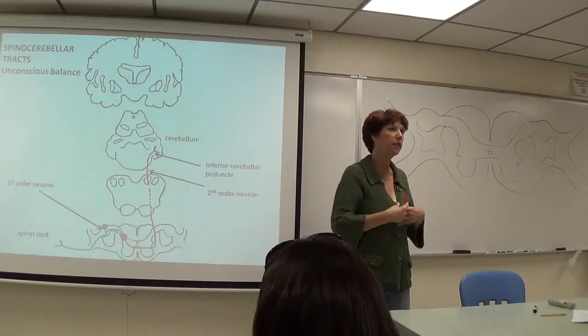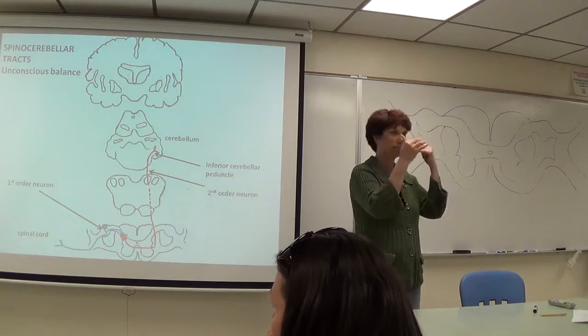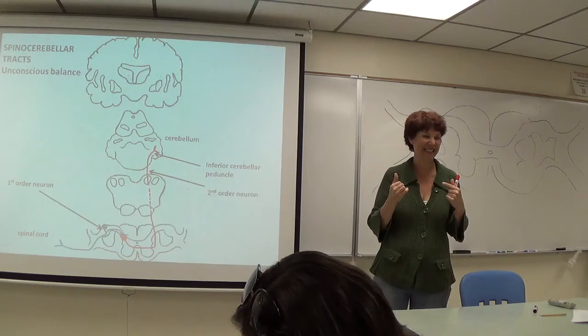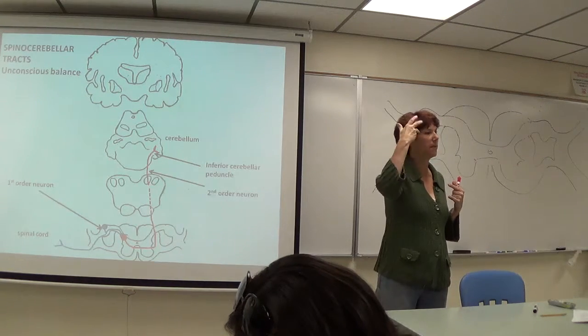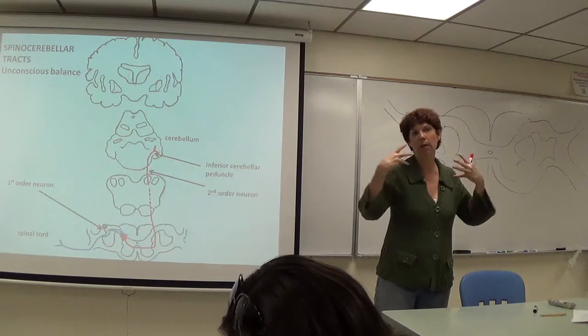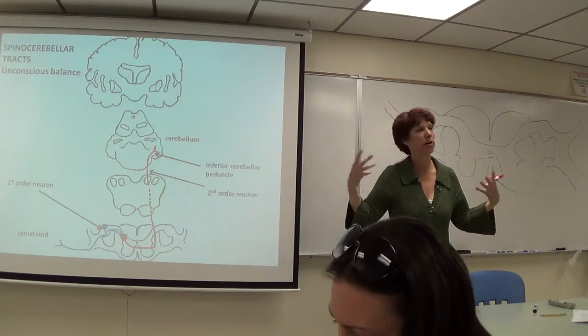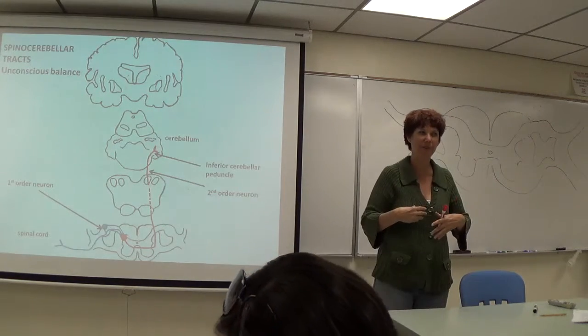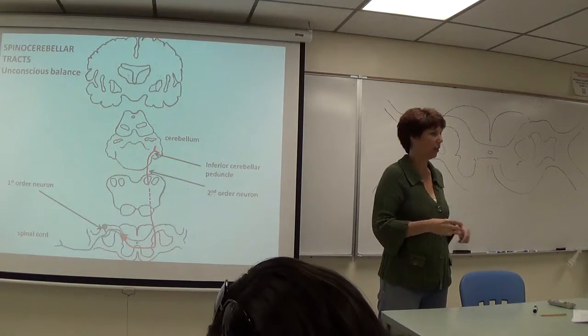So our cranial nerves have motor neurons. Remember, we voluntarily move our eyeballs, voluntarily stick our tongue out. So those lower motor neurons are going to be in the brainstem, the midbrain, the pons, or the medulla. If it's going to my extremities or to my trunk, they're going to be in the spinal cord. That's what forms our anterior gray horn, the cell bodies of our lower motor neurons.